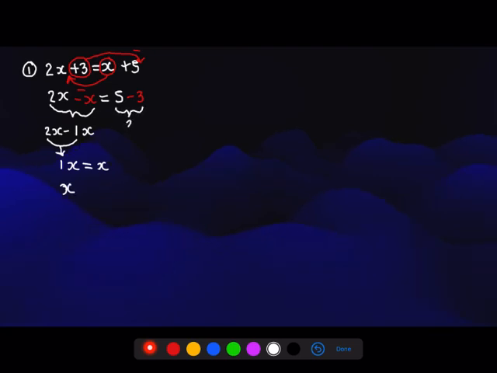So it's like saying 5, but you can't say 1 5 because there is only one 5 in a 5.